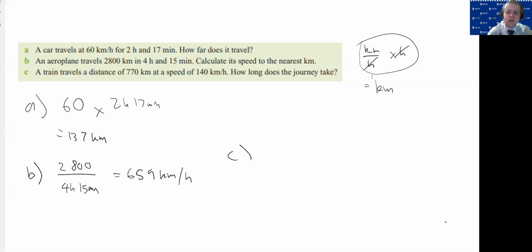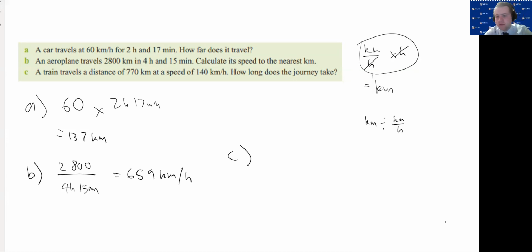For question C here, a train travels a distance of 770 kilometers at a speed of 140 kilometers per hour. How long does the journey take? Okay, so for this one, I want you to visualize that you've got kilometers, and then dividing by kilometers per hour.